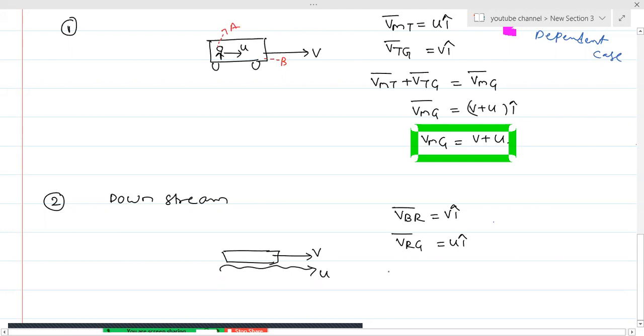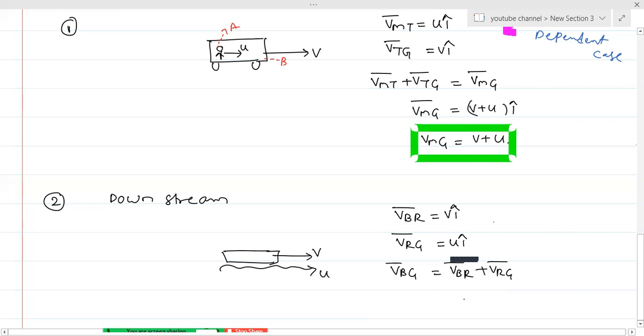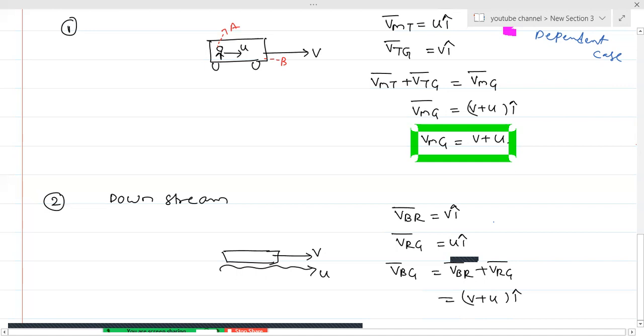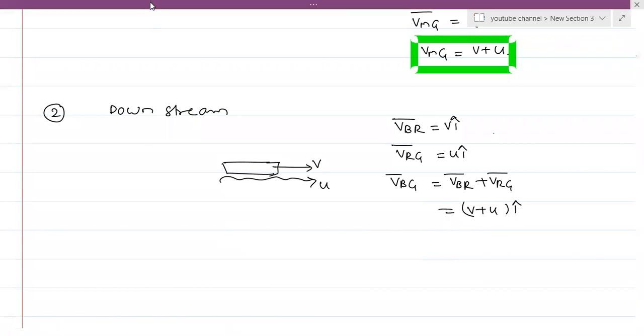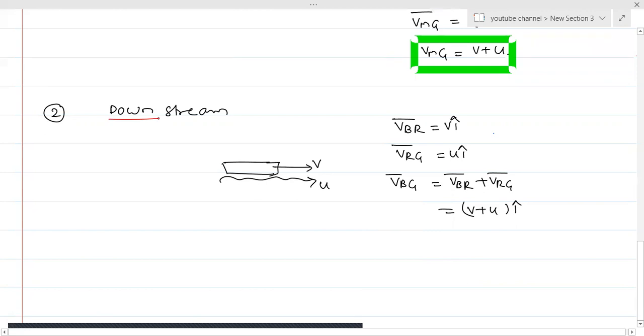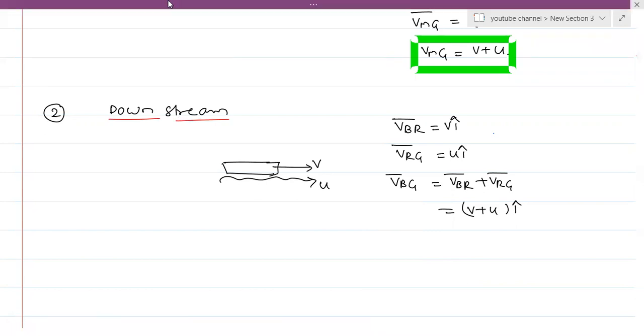I need the velocity of the boat with respect to ground, VBG bar, which equals VBR bar plus VRG bar. Therefore we write v plus u into I cap. If the boat is moving in the same direction as the river flow, that is called downstream.